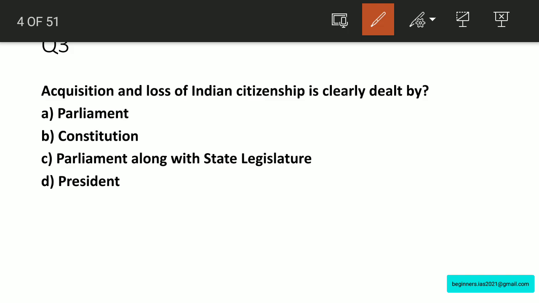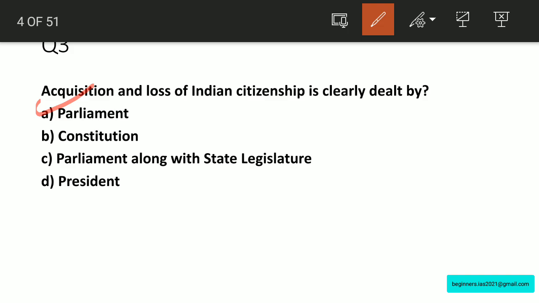Article 11 states that the parliament shall have the power to make any provisions with respect to the acquisition and termination of citizenship. Therefore, the constitution has empowered only the parliament to deal with citizenship under Article 11. The answer for question number 3 is A, Parliament.